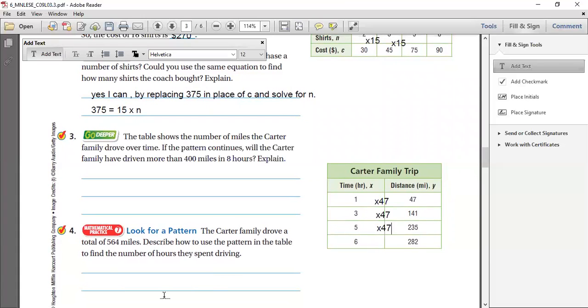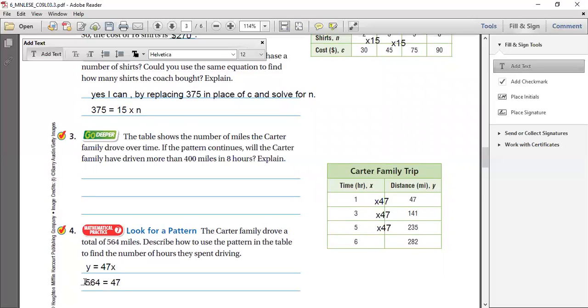Okay, so let's write the equation first. How are you going to write the equation? Now this one is x and this one is y. So y is equal to 47x, right? 47 multiplied by x, which is 47x. Now what is the question? The Carter family drove a total of 464 miles. So the total number of miles, that's y, is 464.